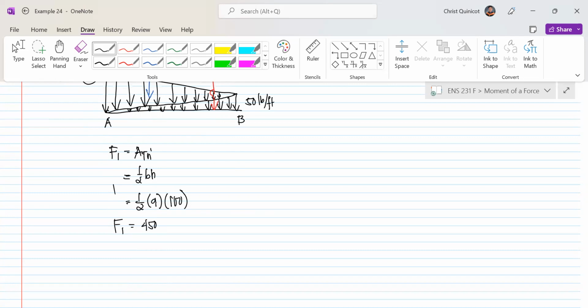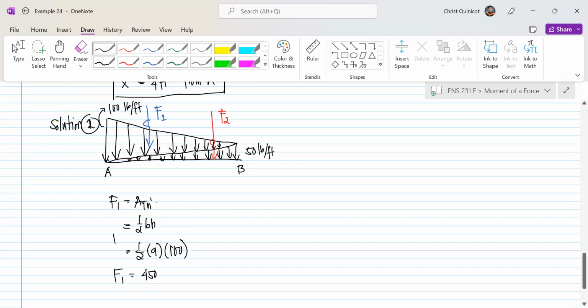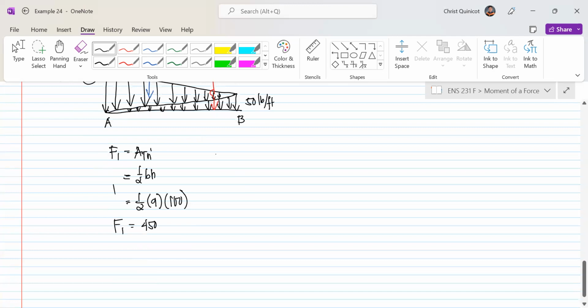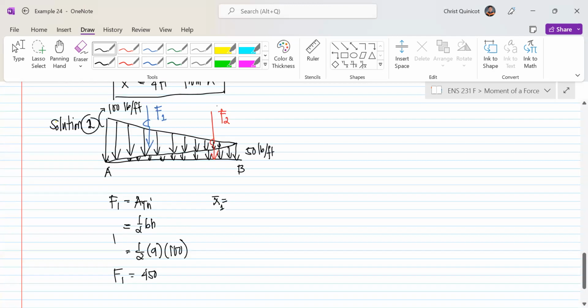Now, of course, why 100? Because again, we did not cut the bottom of our bigger triangle, right? So we use the entire 100 pounds per foot as our height for the bigger triangle. So of course, again, bar x sub 1, if we measure it from A, is still 1/3, because that is the base of our bigger triangle.